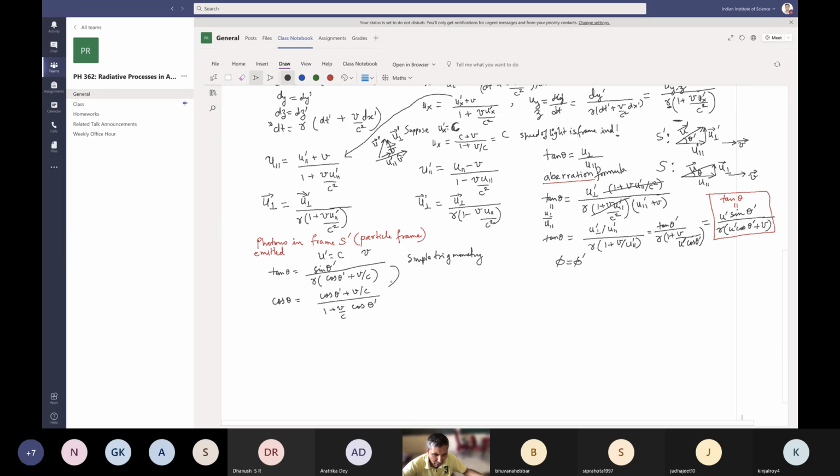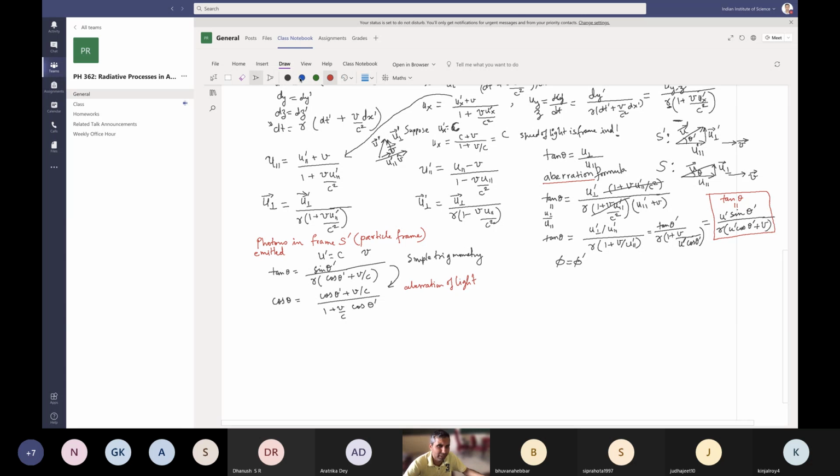So from here to here, all you have to do is sec square theta equals 1 plus tan square theta, and if you take a square root and combine cos square and sine square, you will get this. And this is aberration of light, or relativistic aberration.